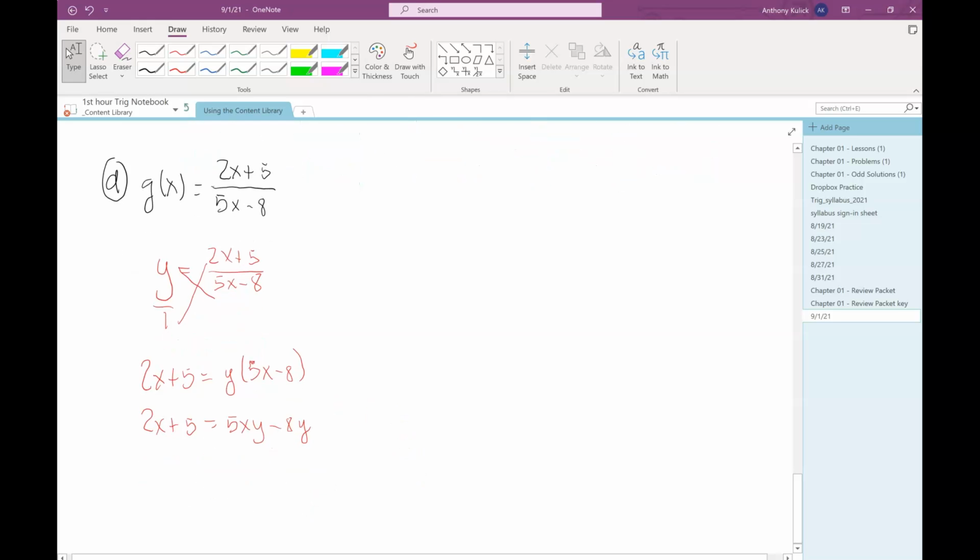But before I can get to that 5x, I have to distribute that y through there. And then I'm going to subtract the 5xy from both sides and subtract the 5 from both sides so that I get the x's all on one side and the non-x's on the other.